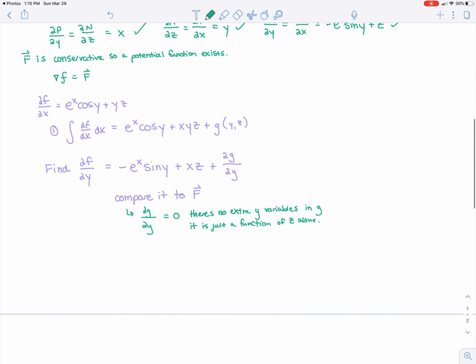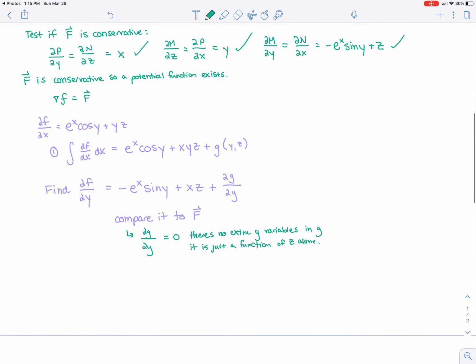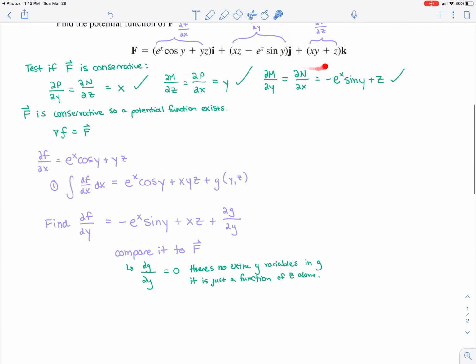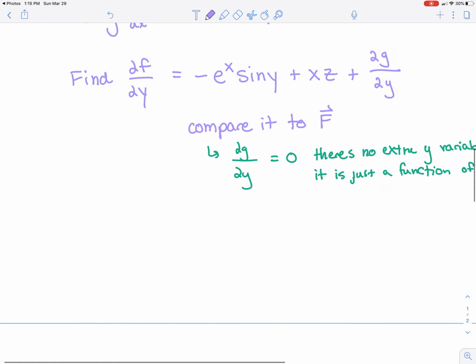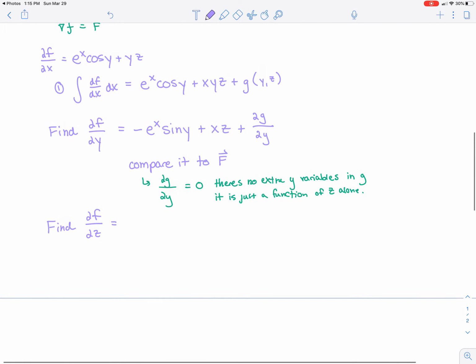So now we're just going to do the exact same thing with df dz. We'll find df dz from our potential function and compare it again to the vector field. So df dz in this case is going to be xy plus the derivative of g with respect to z.